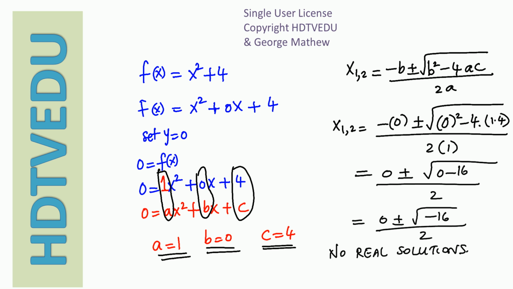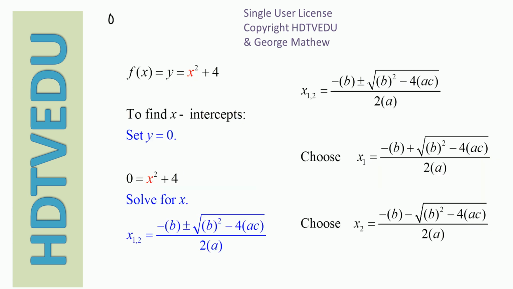And we could have easily seen that. 0 is equal to x squared plus 4. Subtract 4 from both sides, and you see that x squared is equal to a negative number, so there is no real solution. Let's review. To find x-intercepts, set y equal to 0 and solve for x.